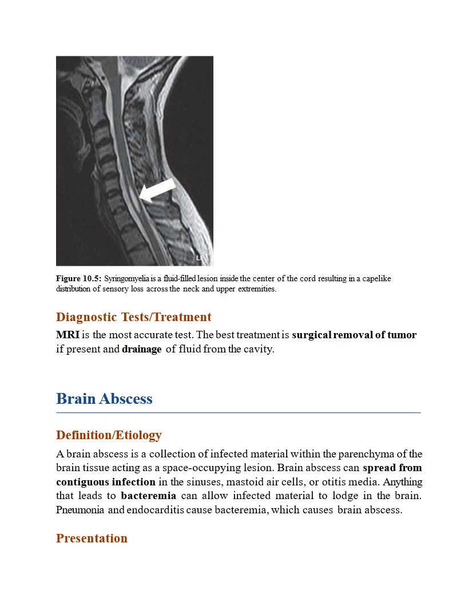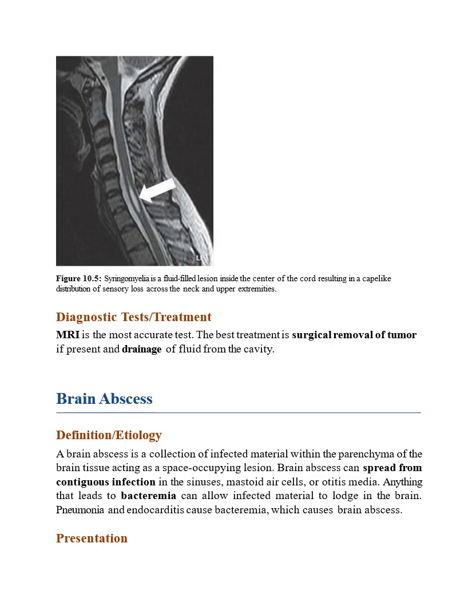The most important point is that it can spread from continuous infection in the sinuses, mastoid cells, and otitis media. Anything which can lead to bacteremia can allow infected material to seed the brain. Also, pneumonia and endocarditis cause bacteremia, which can cause bacterial abscess.